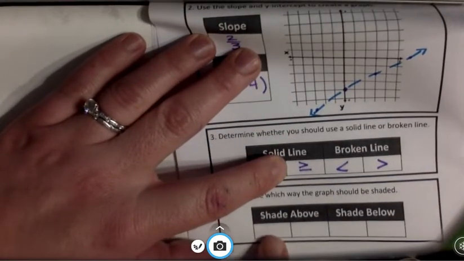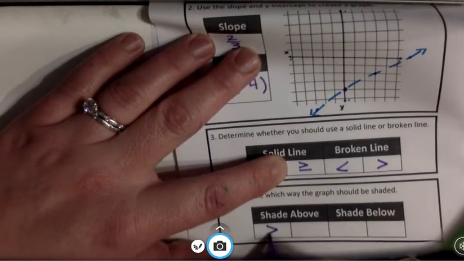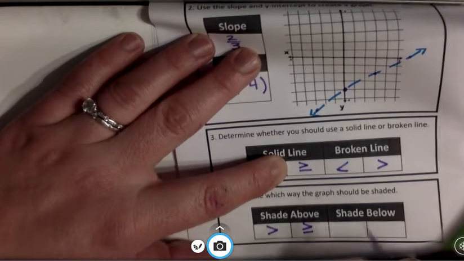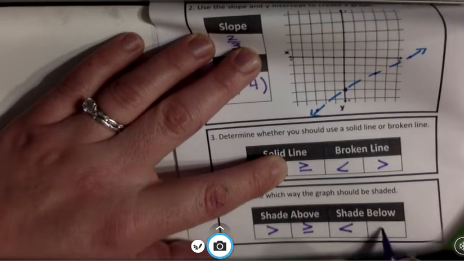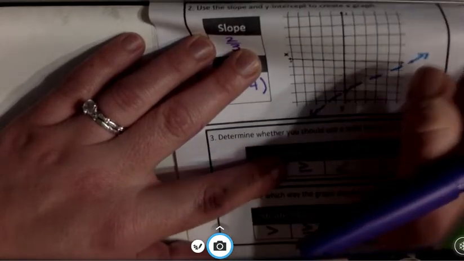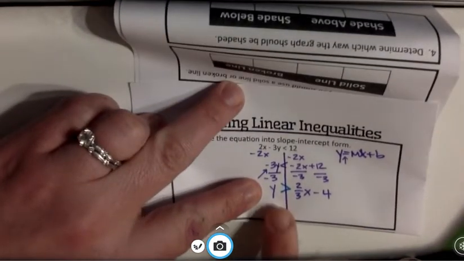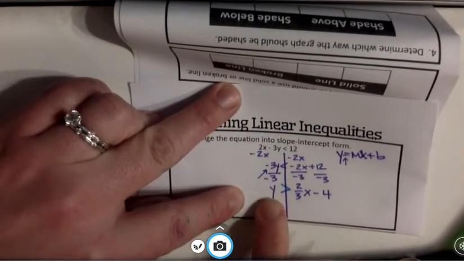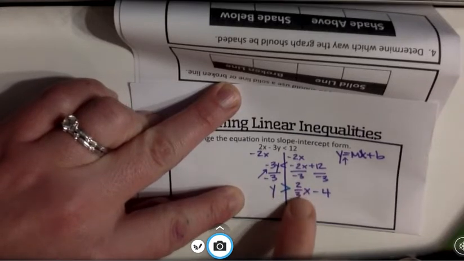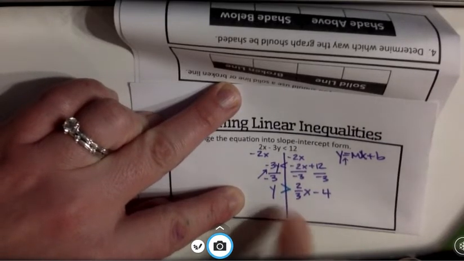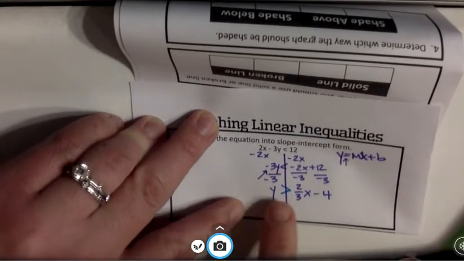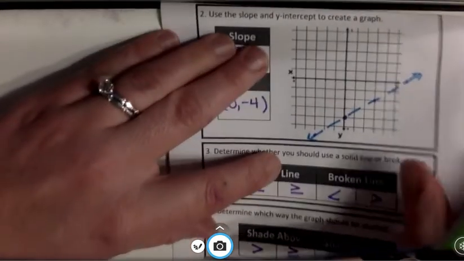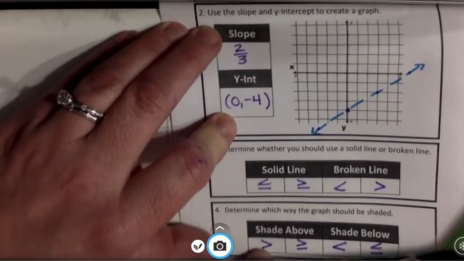To shade above, I want to see greater than or equal to inequalities. To shade below, I'll have less than or equal to inequalities. So again, our inequality y is greater than 2/3 x minus 4. This greater than is what I'm going to focus on. Greater than means I'm going to shade above.